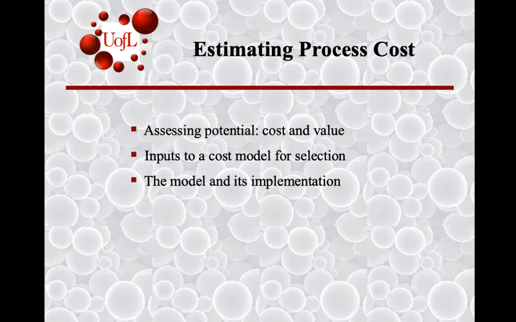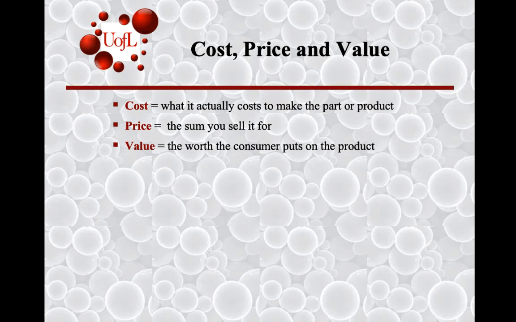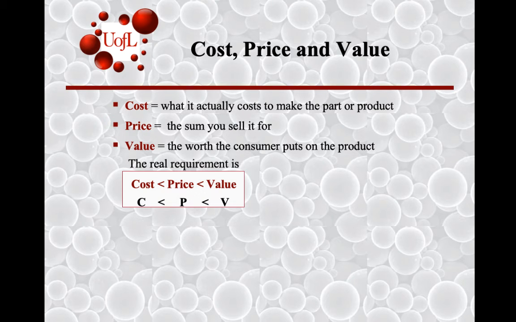Let's look at how this model is put together and how it is implemented so that we can then understand what the drivers for cost are. So we have cost, price, value, and competitors. Let us put this in context: the price is somewhere in between the cost and the value for a profitable business.